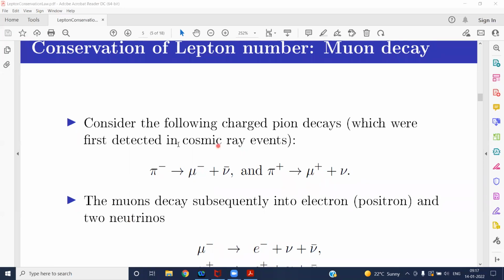But what I detect is only a mu minus. I cannot detect a nu bar, correct? How do I detect a nu bar? Is there an experimental detection for antineutrino? Can you detect an antineutrino experimentally?